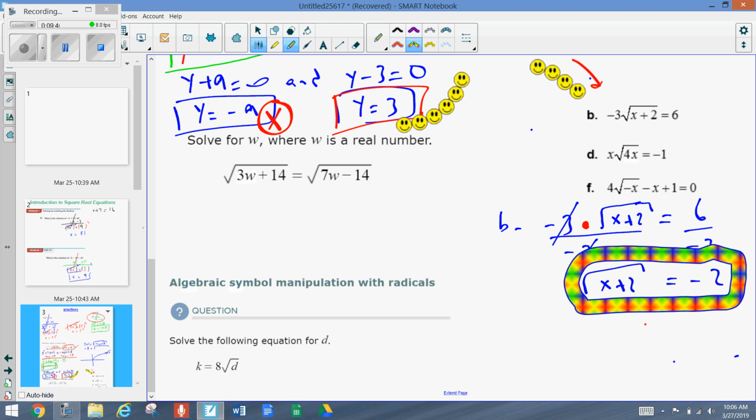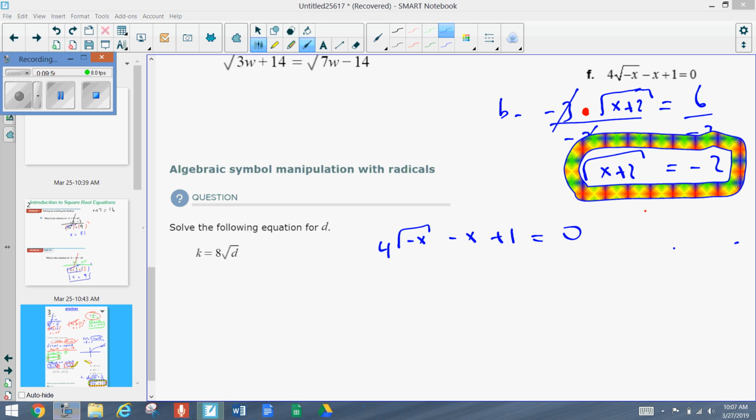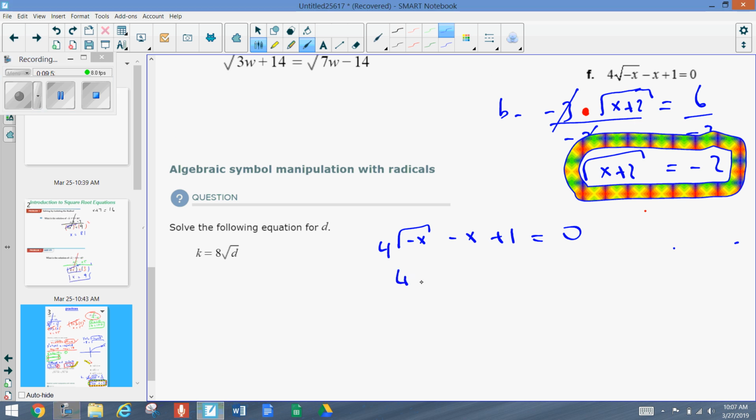Look at the last example. I think we should work on that. Let me write it down, make room for it. Let's start working on that. 4 times root negative x. I'm going to add x in order to get rid of that and subtract 1. Let me not skip any steps.